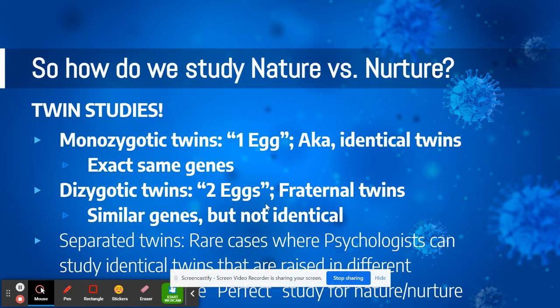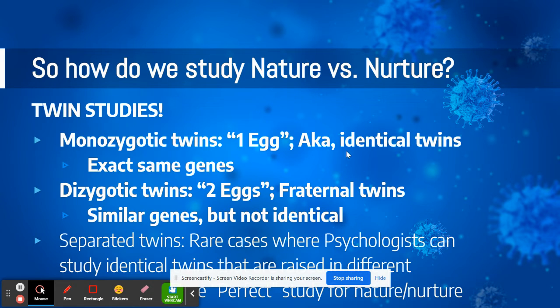Dizygotic can be helpful to study as well, although they do have just similar genes, not identical. They're no different than like brothers and sisters that are not twins, or brothers and brothers, or sisters and sisters that are not twins. Dizygotic twins, di meaning two, zygotic, egg. These would be fraternal twins. So they have similar genes, but they're not identical.